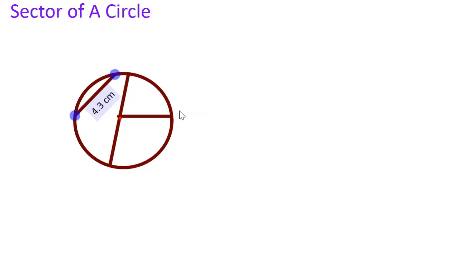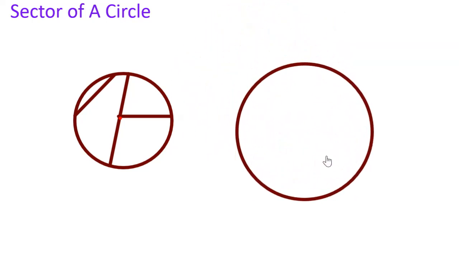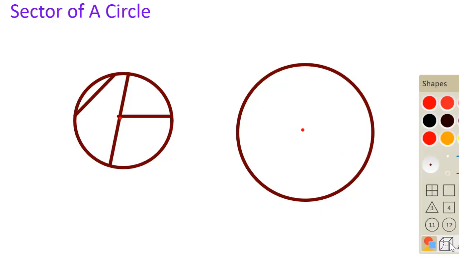But here, what is sector of a circle? Sector of a circle is an area within circle formed between two radii of it. Means, suppose this is a circle and I am putting this as center of it approximately. Now I am going to draw radius of this circle, more than one, then it will become radii.